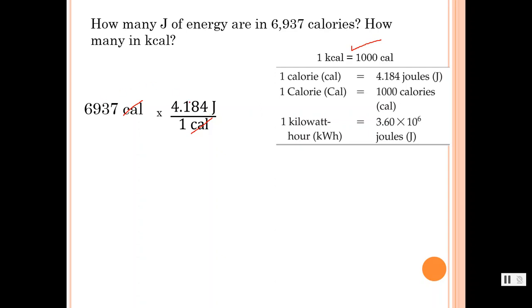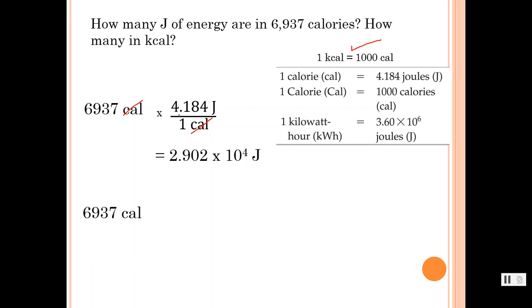Multiplying these two numbers together and reporting my answer in scientific notation to 4 sig figs should give you 2.902 times 10 to the 4th joules. So that's how many joules of energy are in that meal.